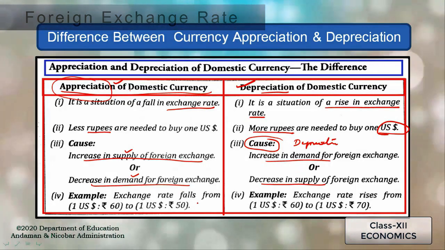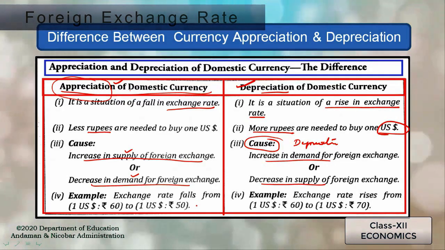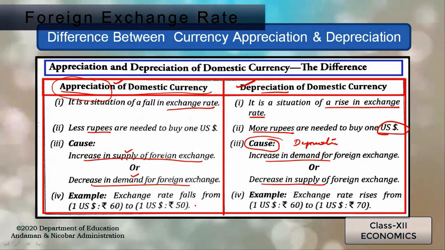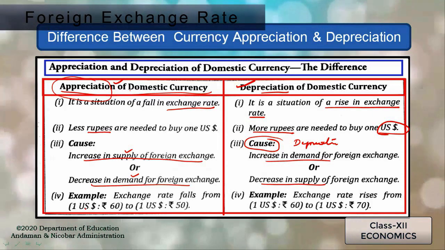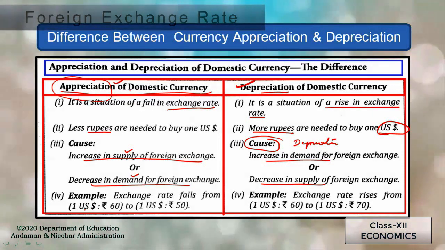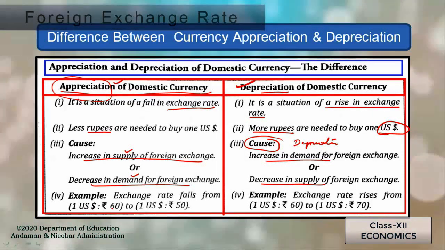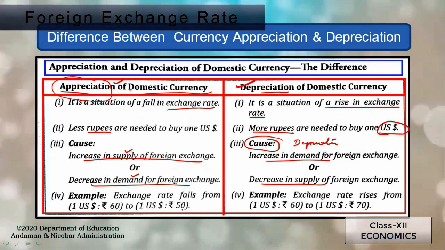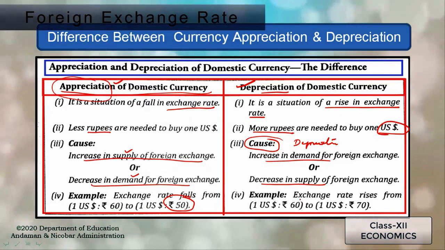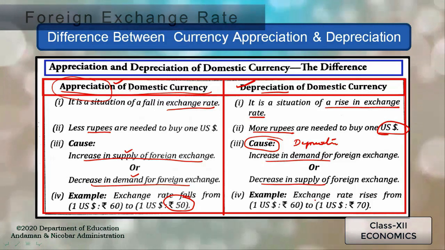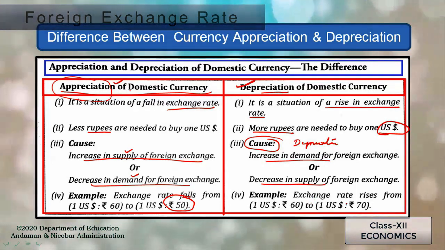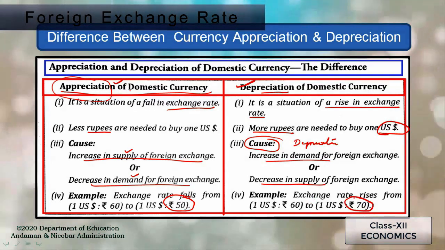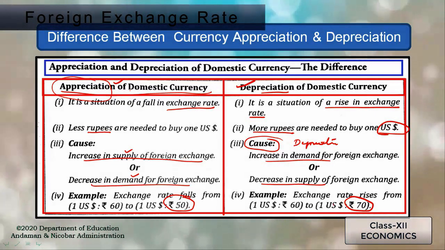You can see an example in this table. When we have appreciation, to exchange one US dollar we need to pay rupees 60 down to rupees 50. In the next slide, you can see that whenever there is a depreciation in the domestic currency, we have to pay more rupees to get one US dollar.